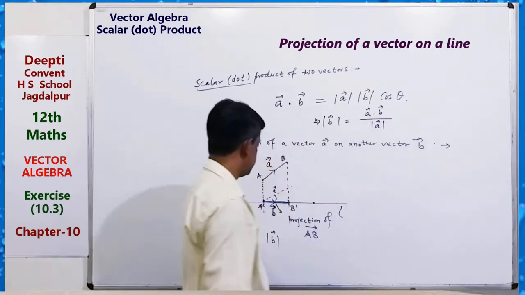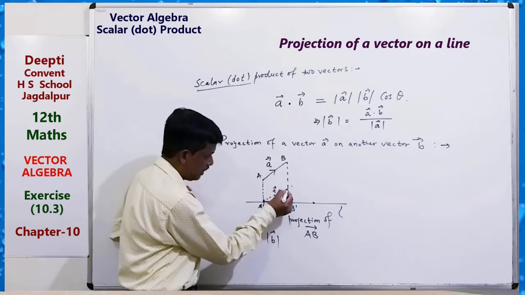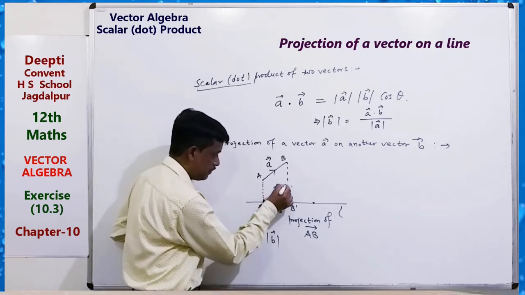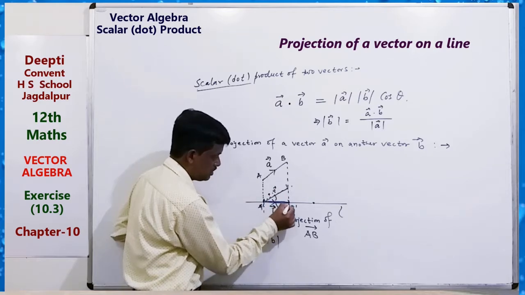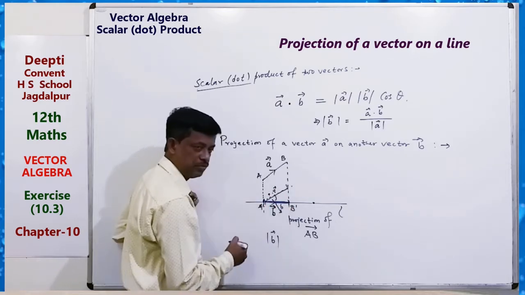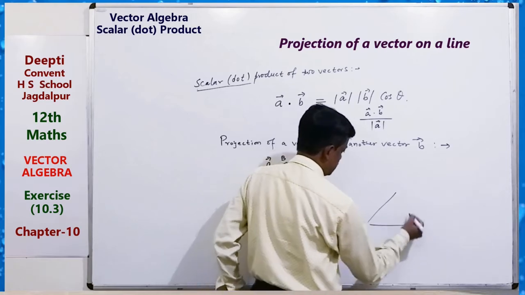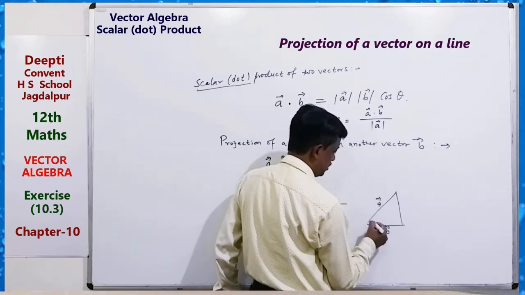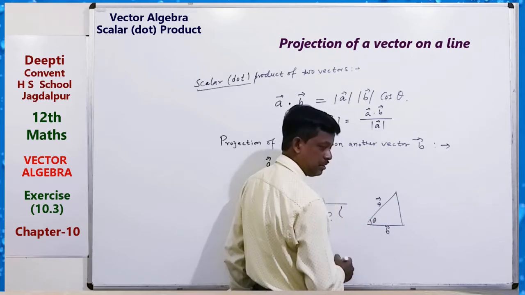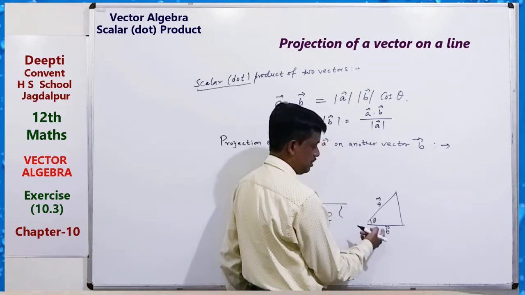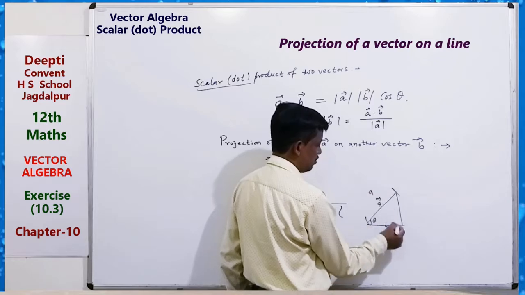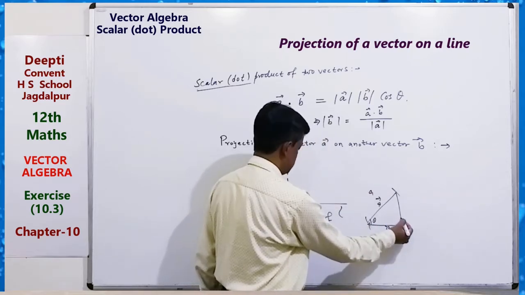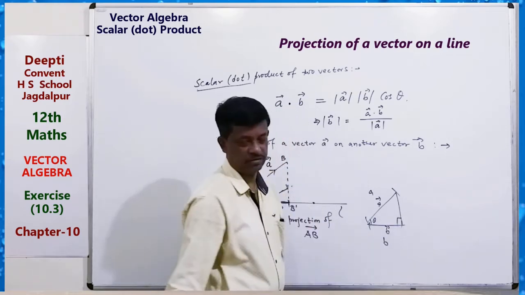Because here, this is modulus value A, this is modulus value B, and this is theta between A and B. Clear? This is what? Perpendicular.